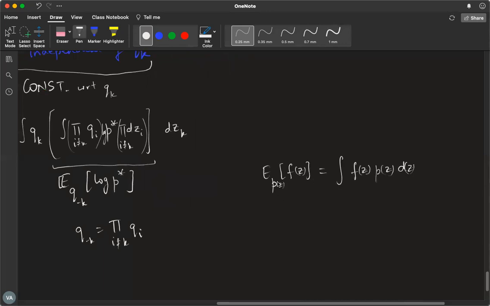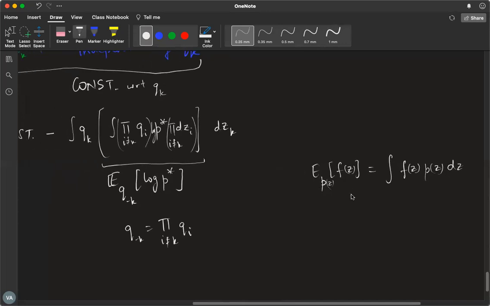Expected value over p(z) of a function f(z) is simply f(z) times p(z) times dz, integrated over all z. That's it. So this is the meaning of expected value.